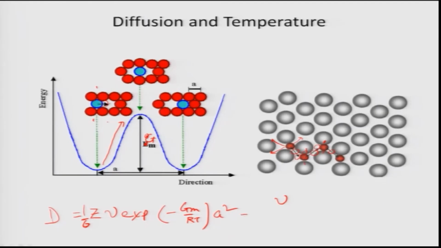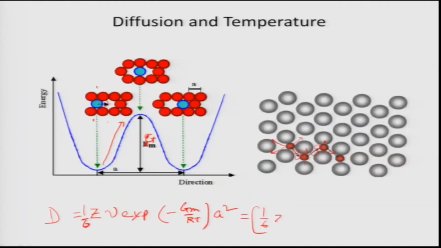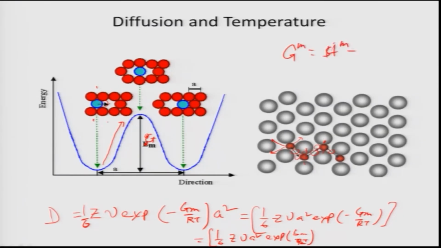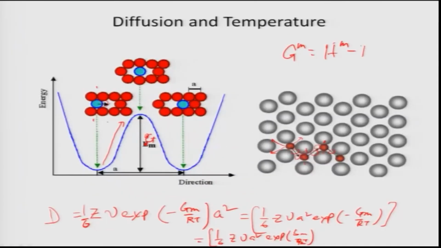Now we can write this as a very simple equation: D equals 1 by 6 Z nu a square exponential minus Gm by RT. That is 1 by 6 Z nu a square exponential Sm by R, times exponential minus Hm by RT, because Gm is nothing but Hm minus T Sm.